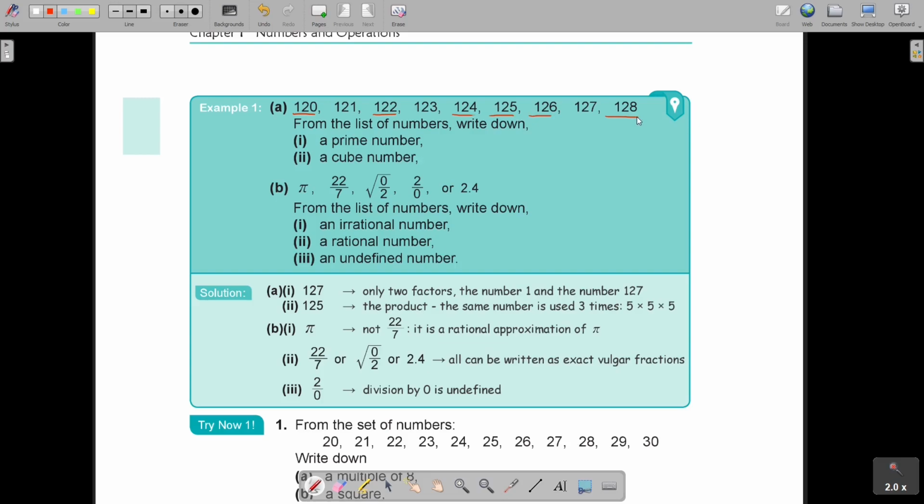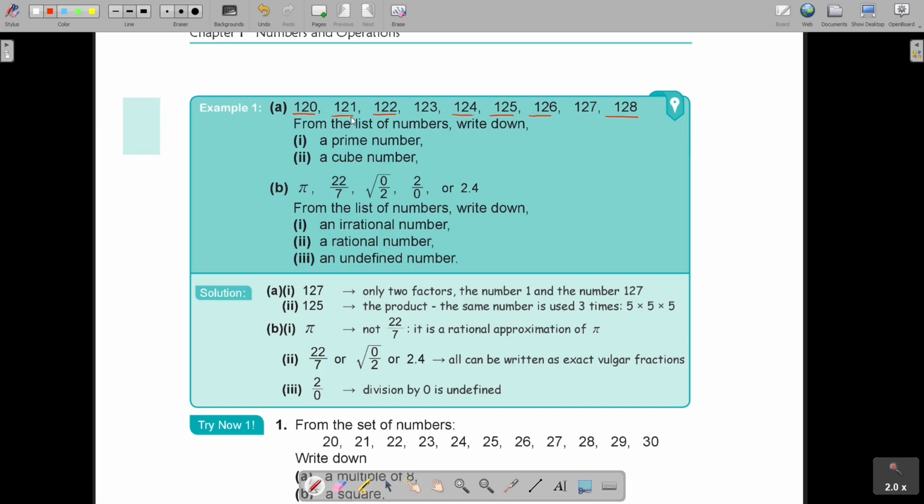Now, you know that for numbers divisible by 3, if you add up the digits, the answer will be divisible by 3. So this is 2, 3, 4, it's not, but 121, you know already 11 times 11 is 121, so that one has more factors and is also out. Now it's between 123 and 127.